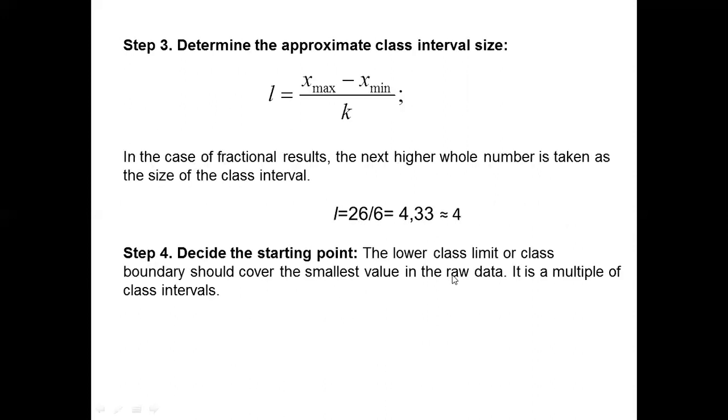Next, step number 3, determine the approximate class interval size. The size of the class interval is obtained by dividing the range of data by the number of classes and is denoted by L, the class interval size.